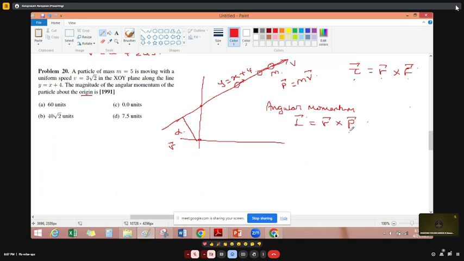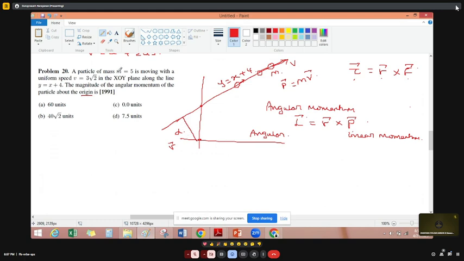This is linear momentum, not pressure, right? We are not talking about pressure here, so don't get confused. If I take the linear and multiply by the radius, I will get the angular. So this is linear momentum, this is angular momentum. Go back and check that table which I discussed.